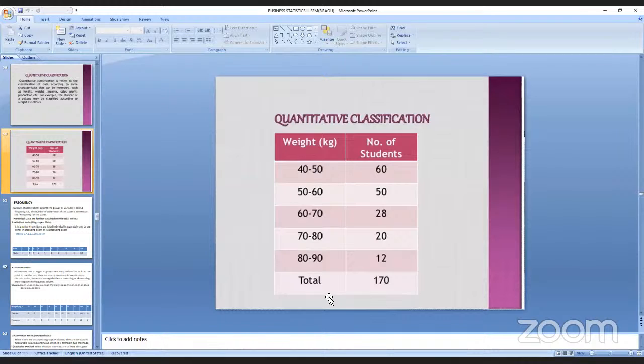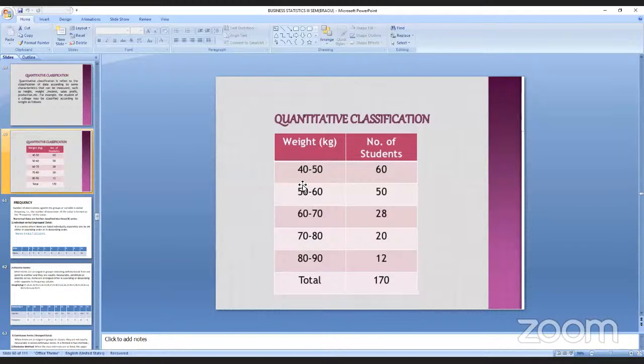So here I am explaining the column. What it is: weight. Another column, the next column. So weight, what weight? Your weight, that of the students in a class. And this is a column and this is a row.